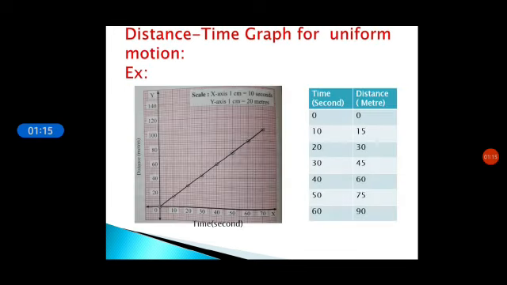The following table shows the distances covered by a car in a fixed time interval of 10 seconds. When a graph is drawn of distance against time, by taking time along the x-axis and distance along the y-axis, the graph between distance and time is a straight line, as shown in the alongside graph, because in uniform motion an object covers equal distances in equal intervals of time.